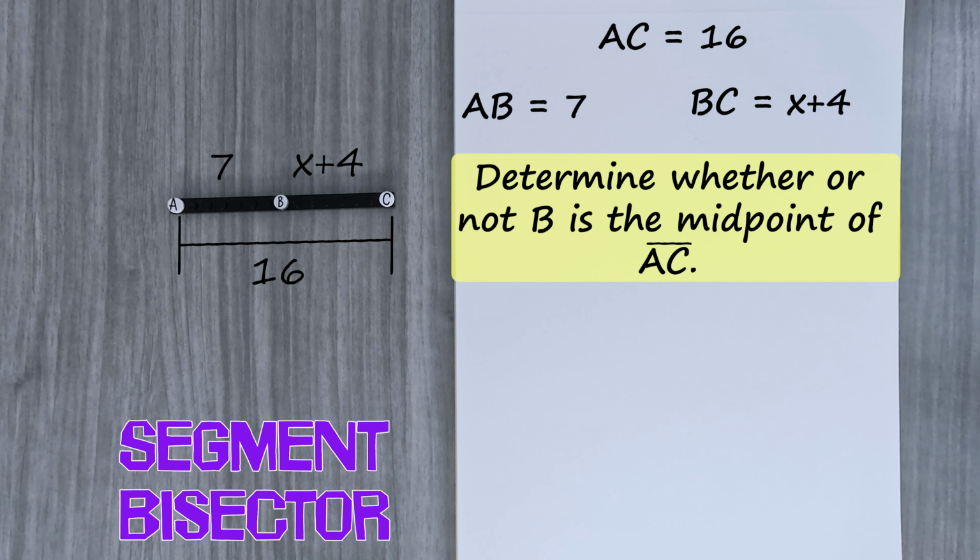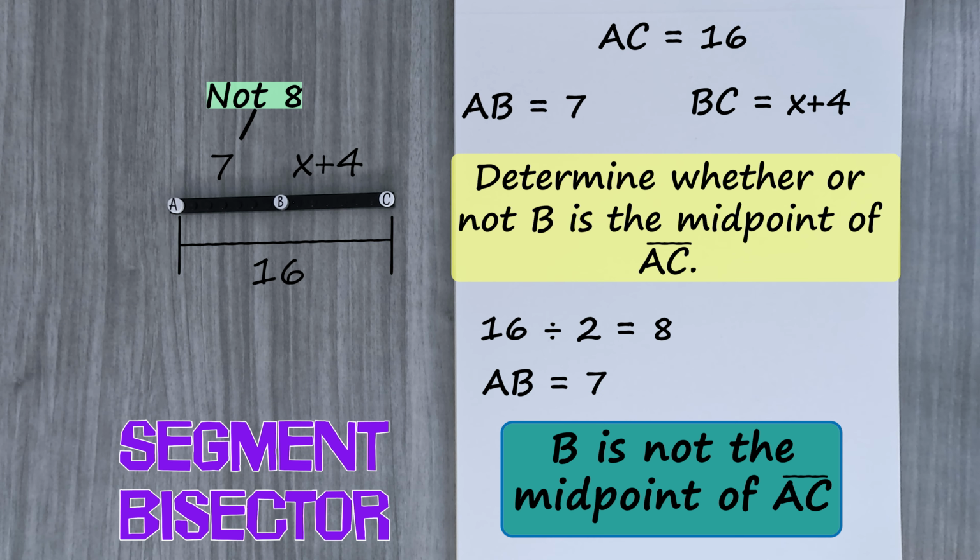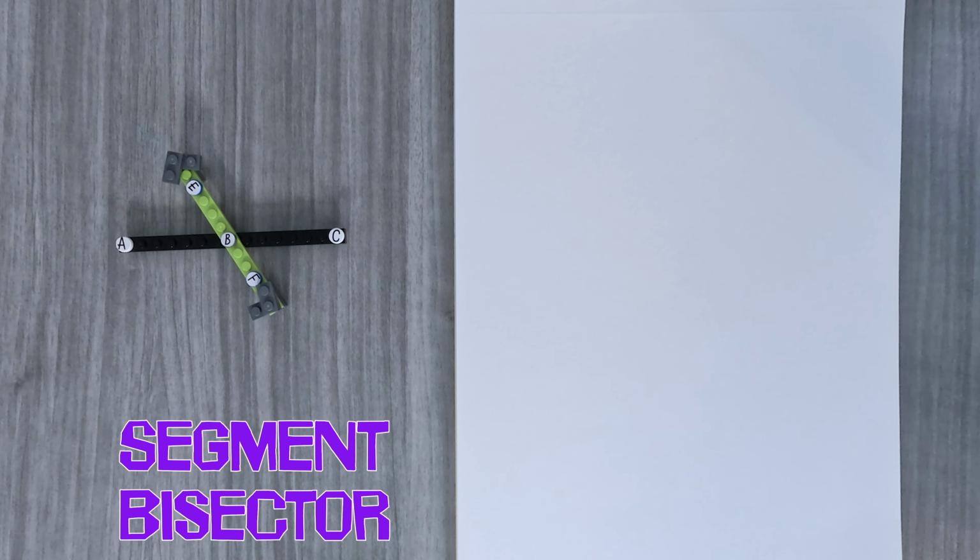And that is because we know that in order for B to be the midpoint, it needs to split the total length into two equal halves. Since we know that total length, we can divide it by 2 to figure out what the lengths of those halves are. So 16 divided by 2 is 8. Each of those halves would need to have a length of 8. And we already know that line segment AB has a length of 7, and that means that B could not be the midpoint.